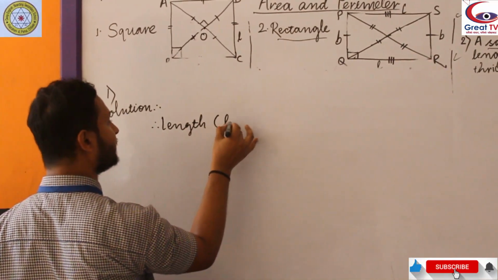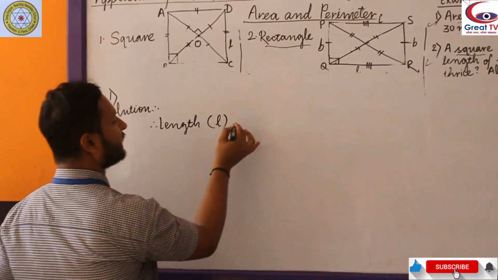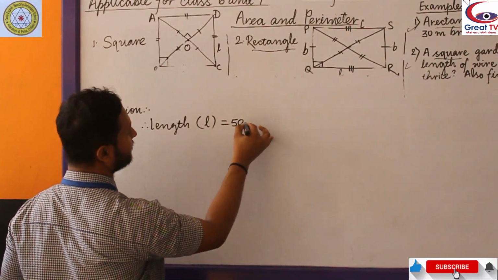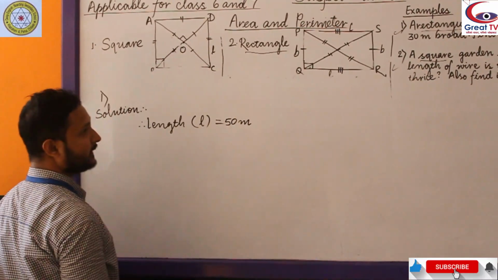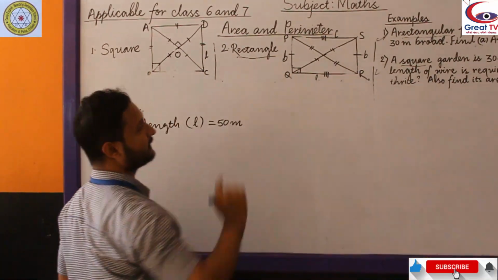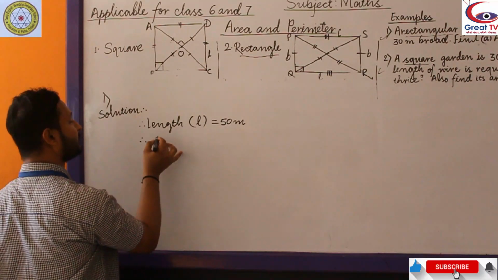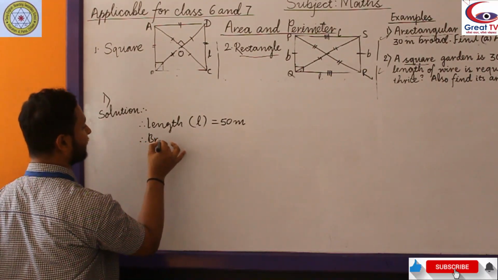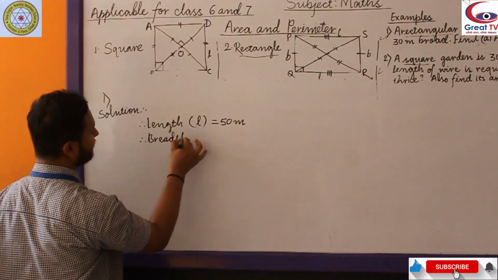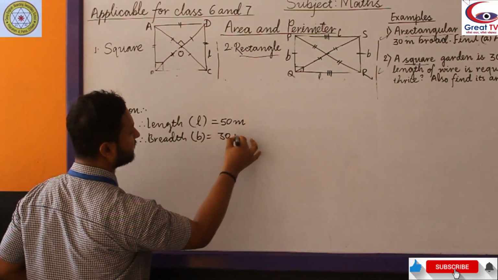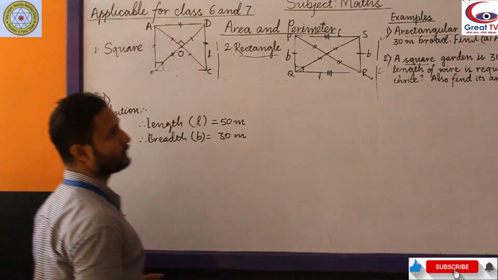Length L is equal to 50 meter, and 30 meter broad. Broad means breadth. The breadth of the rectangular field is 30 meter. And what we have to find?